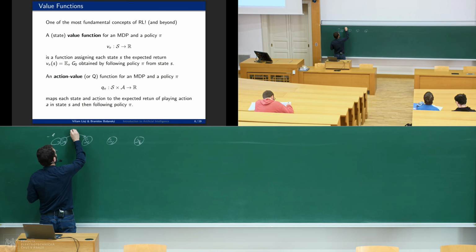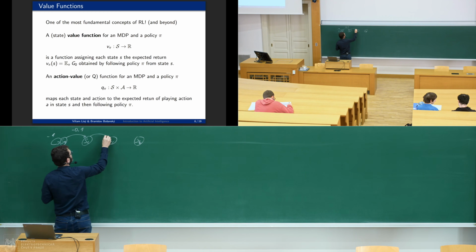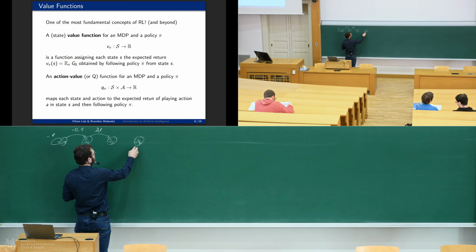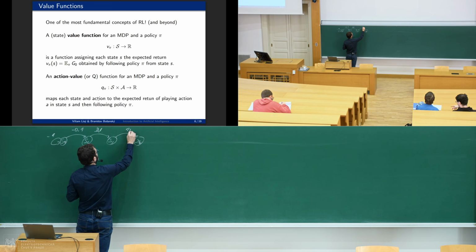Otherwise, for each step, we'll get -0.1. We want to get to the goal, to the right, so for that step, we'll get 10.